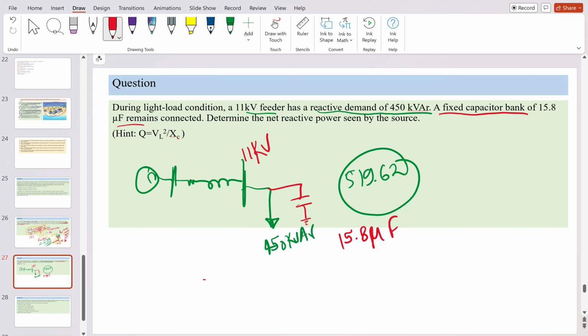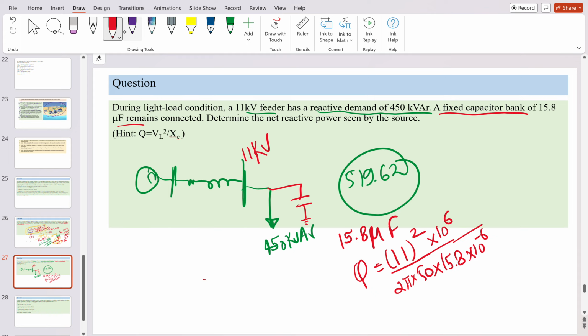So you can find out the reactive power support given by this. This will be 11 squared divided by 1 over 2 pi f c. If your frequency is not given, assume it's 50, multiplied by 15.8 into 10 to the power minus 6.